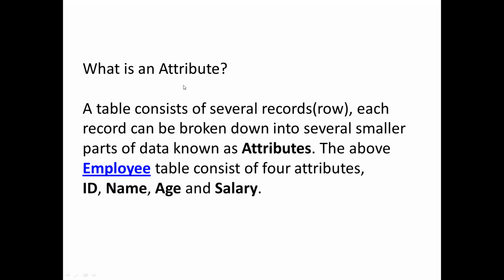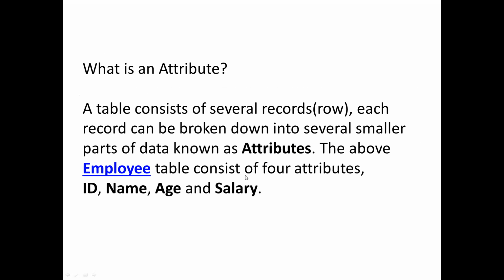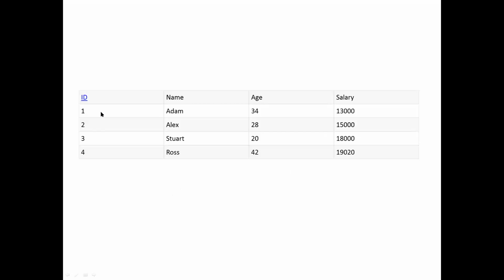Suppose you have ID, name, age, and salary, right? Such things can be broken down into several smaller parts of data known as attributes. The above employee table consists of 4 attributes: ID, name, age, and salary. Let's see here.